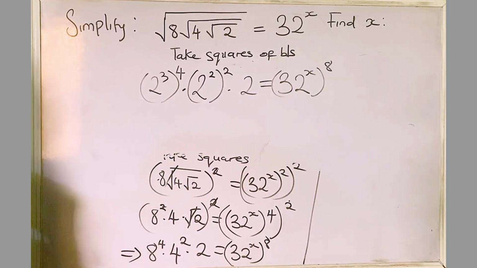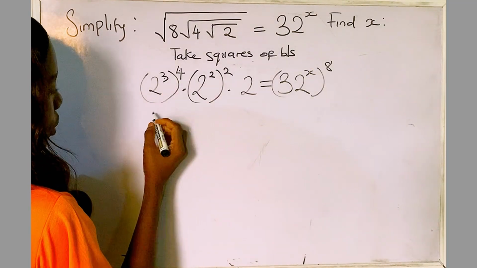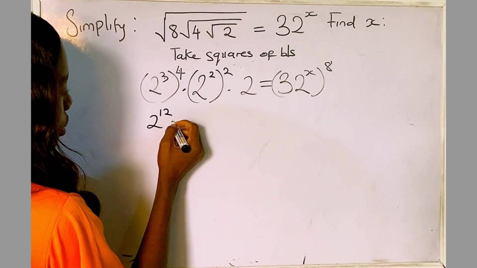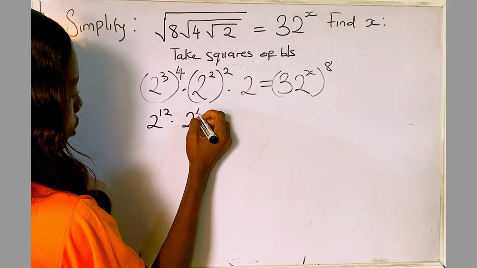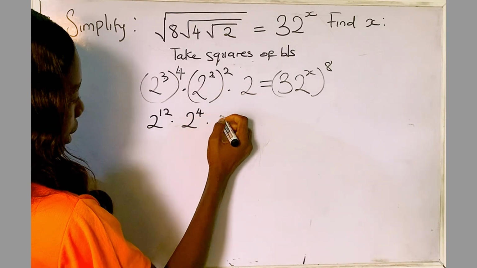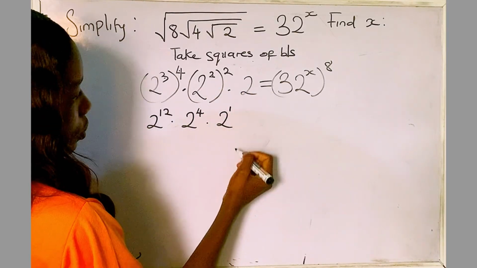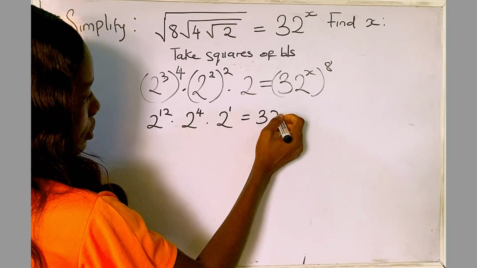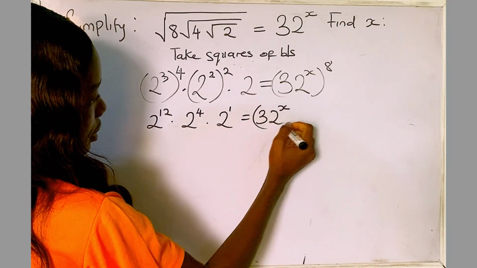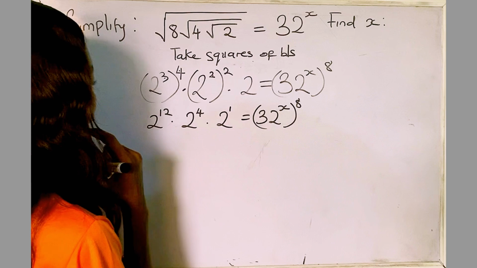Multiply 3 by 4, you have 2 to the power of 12 multiplied by 2 to the power of 4. 2 times 2 will give you 4 multiplied by 2 to the power of 1, is equal to 32 to the power of x raised to power 8.